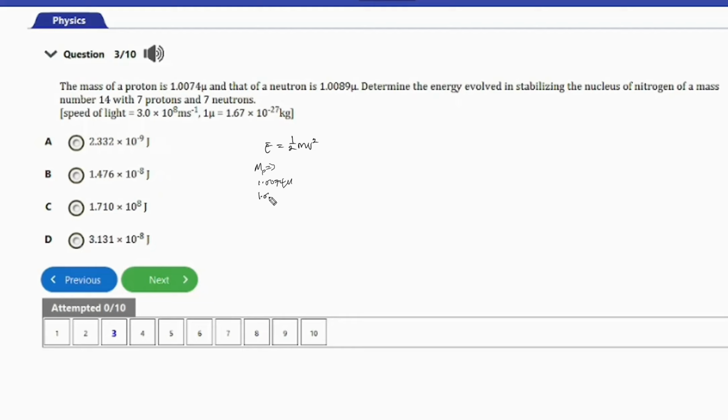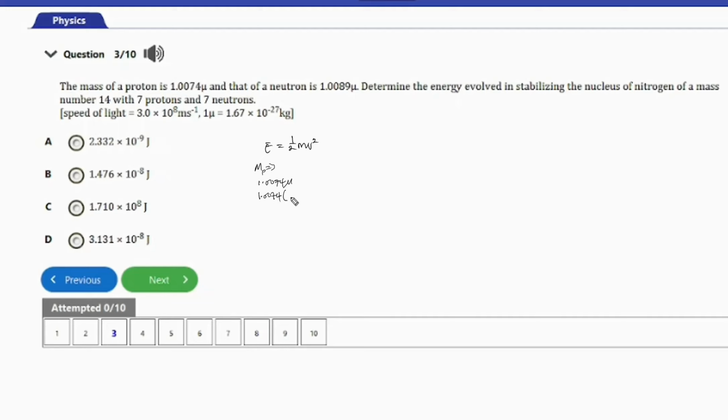So since you have this stated here as mu, then the mass here for one proton will be 1.0074 times 1.67 times 10 to the power of negative 27. And then mass of one neutron will be 1.0089 times 1.67 times 10 to the power of negative 27.